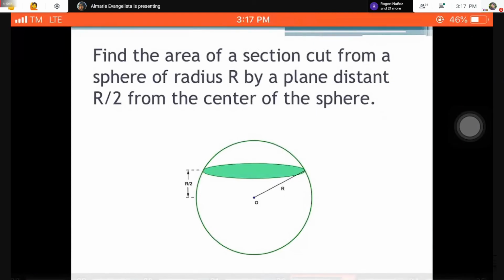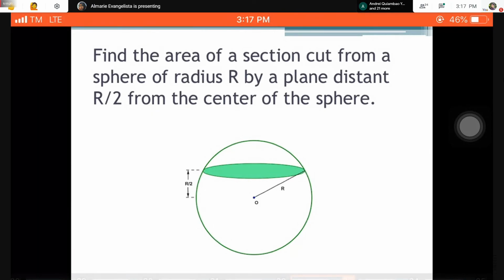So, find the area of a section cut from a sphere of radius R by a plane distant R/2 from the center of the sphere. So, ayan. Pansinin natin yung figure, no? Yung point O, siya yung center ng sphere.